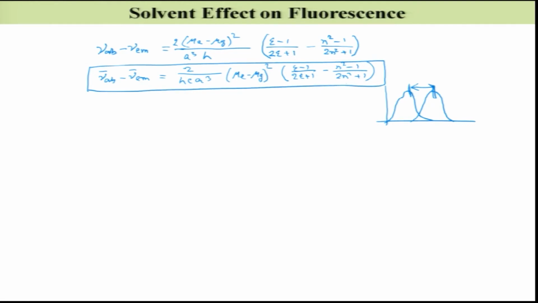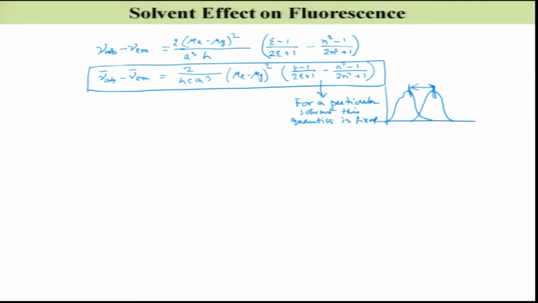For a particular solvent, epsilon and n are fixed, right. So, for a particular solvent, this quantity is fixed, is it not? Okay.